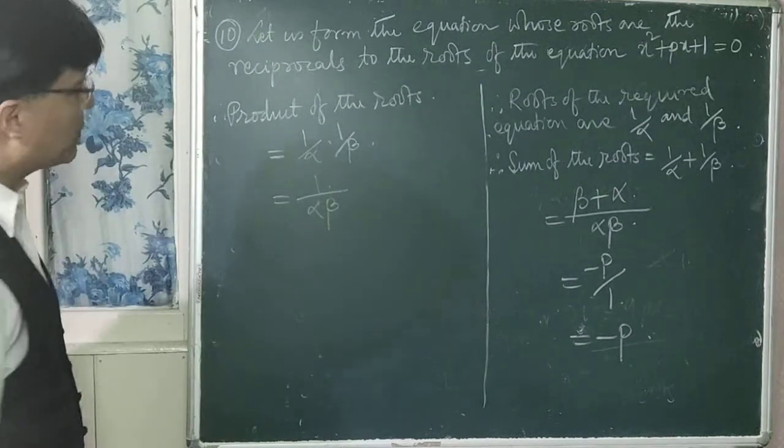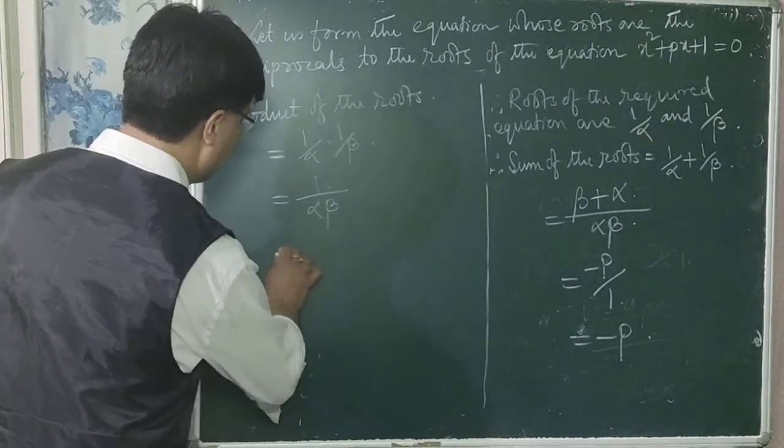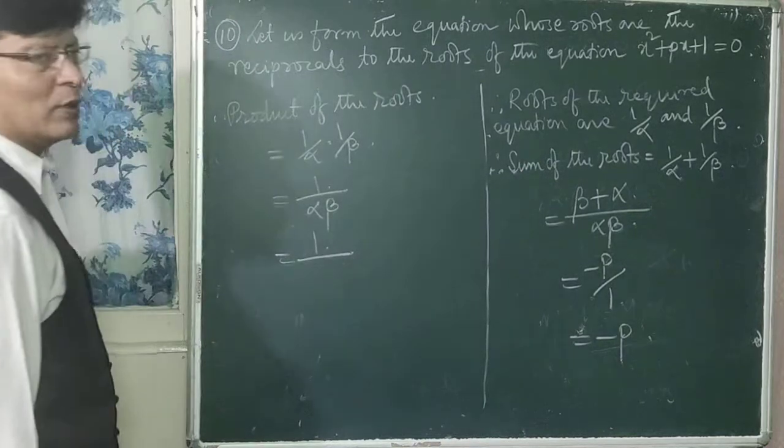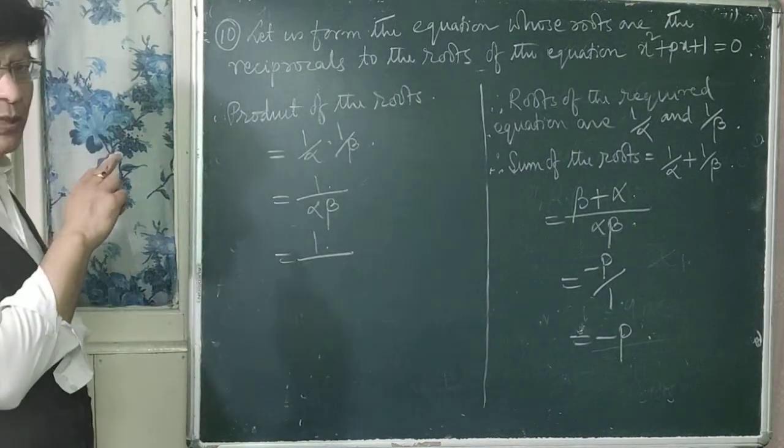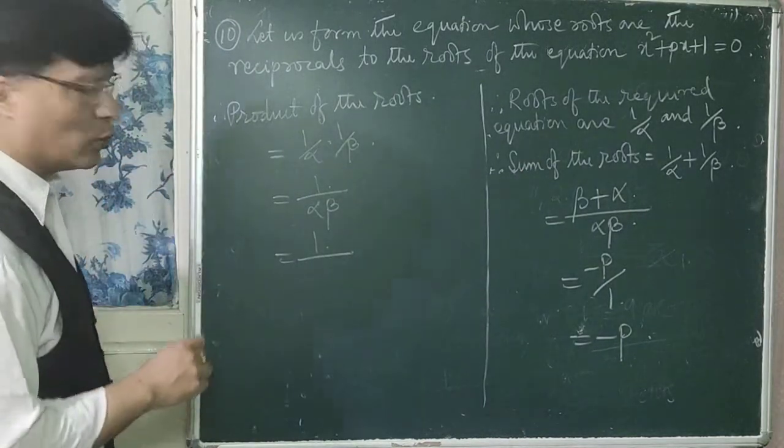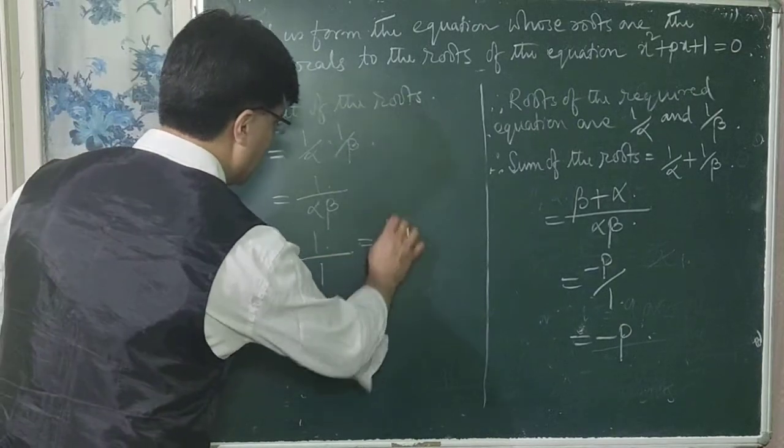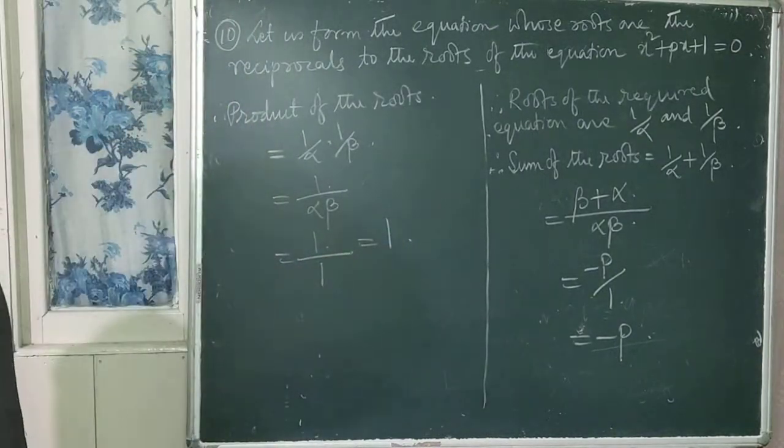Is that clear? Now we can put the value for alpha beta. What was the value for alpha beta in the second one? I think it's 1. So 1 by 1 is equal to 1.